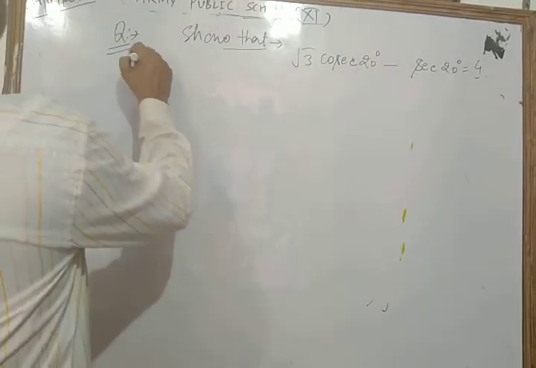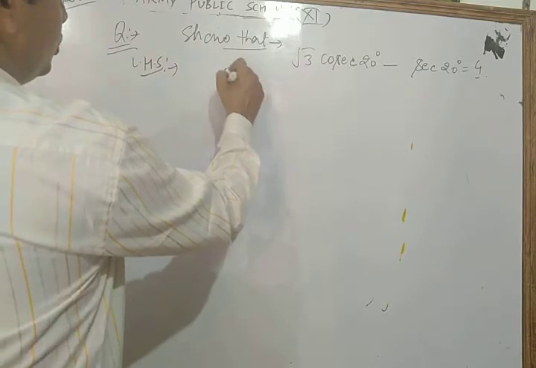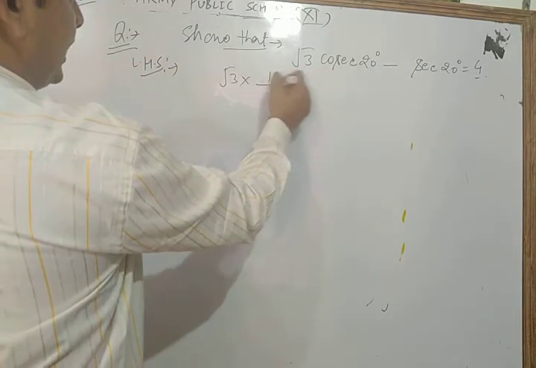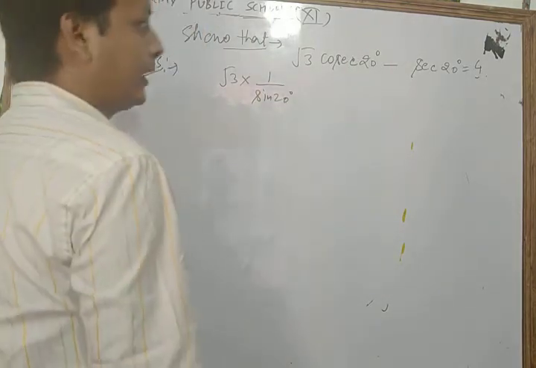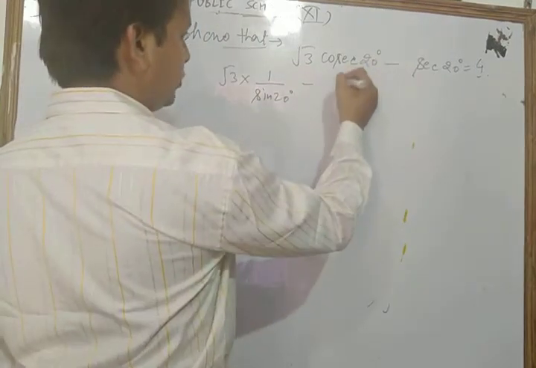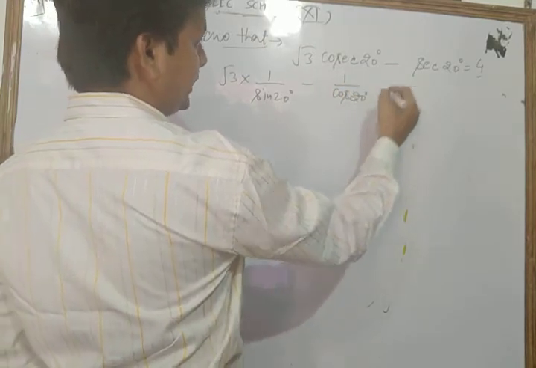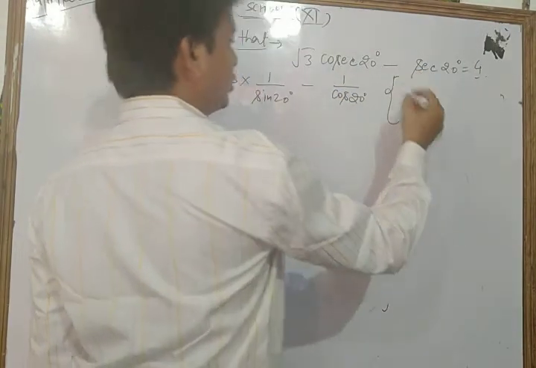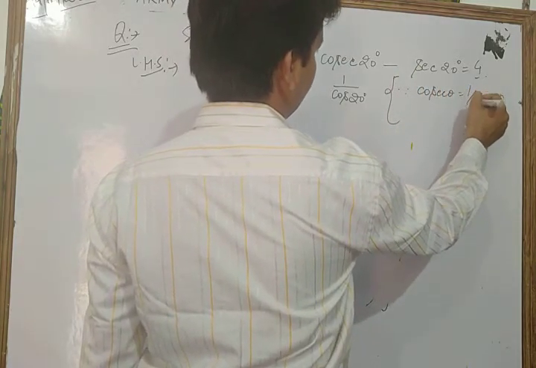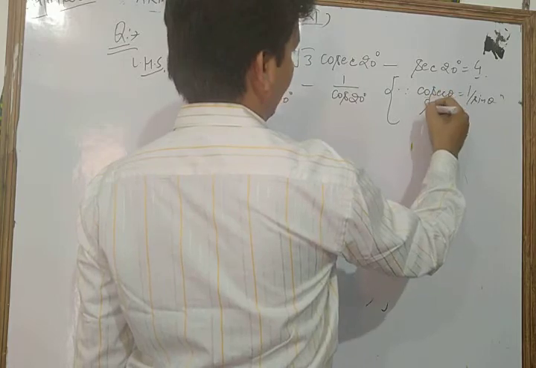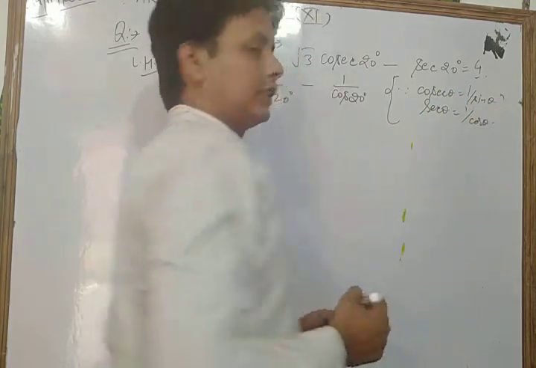Take the left hand side, that is root 3. We write cosec 20 as 1 upon sin 20 degree, minus, and we write sec 20 as 1 upon cos 20 degree, because we know that cosec theta is 1 upon sin theta and sec theta is equal to 1 upon cos theta.